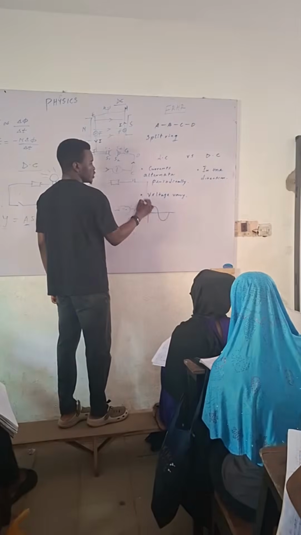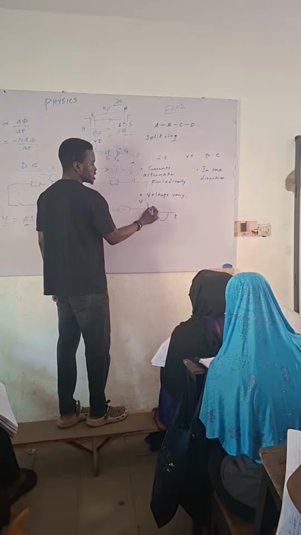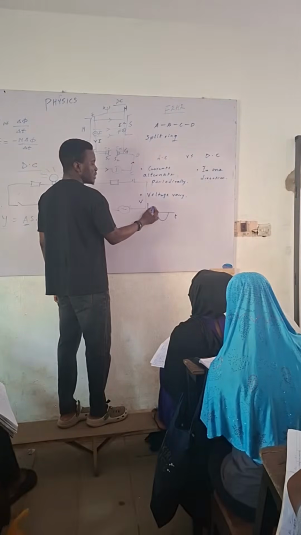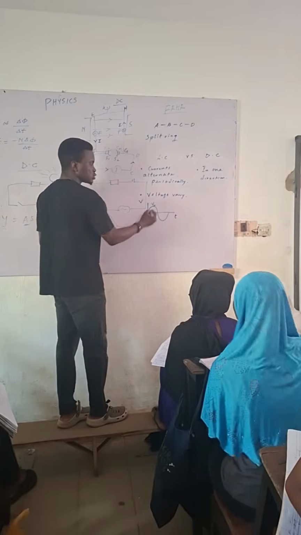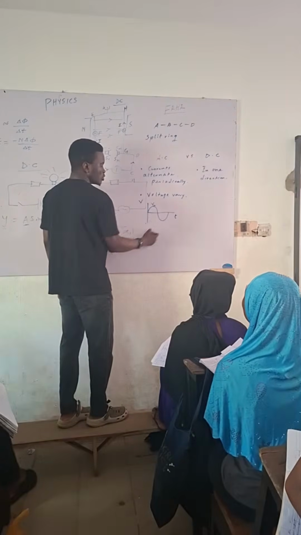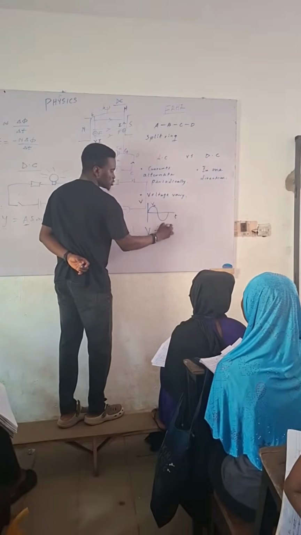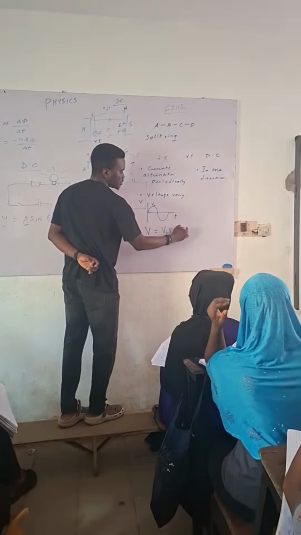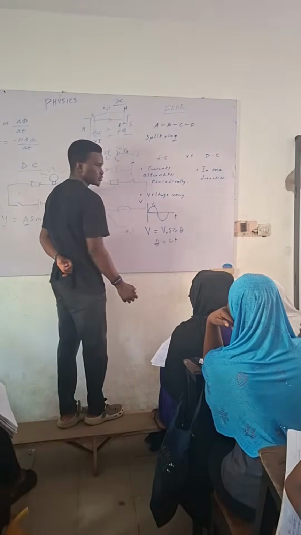When you plot the voltage against time, the voltage will keep increasing with time, get to the maximum. At that maximum, we call it the peak voltage, V0. Then it will start reducing again, then go to zero. So you now have a formula that says V is equal to V0 sine theta. And you remember, theta is always equal to omega t.